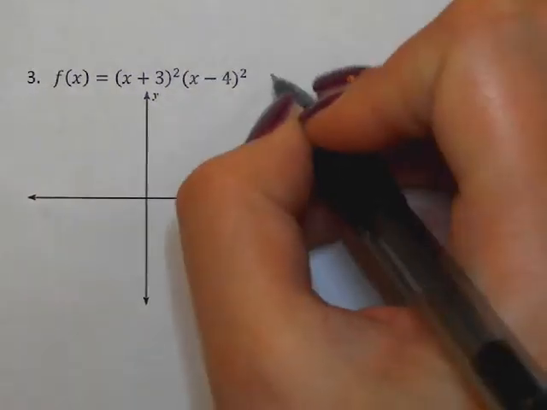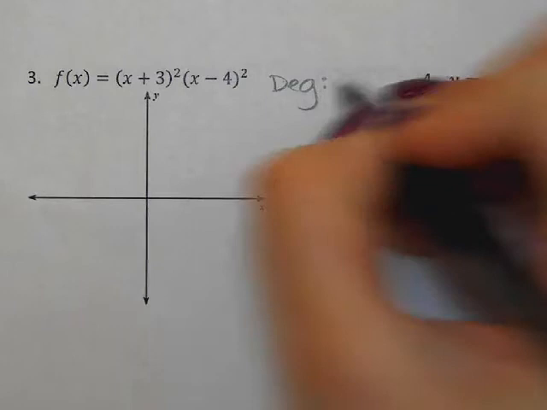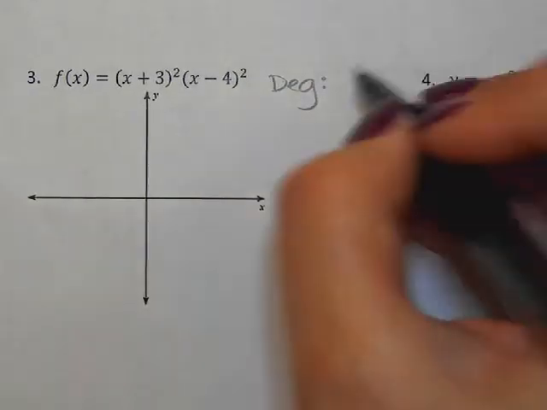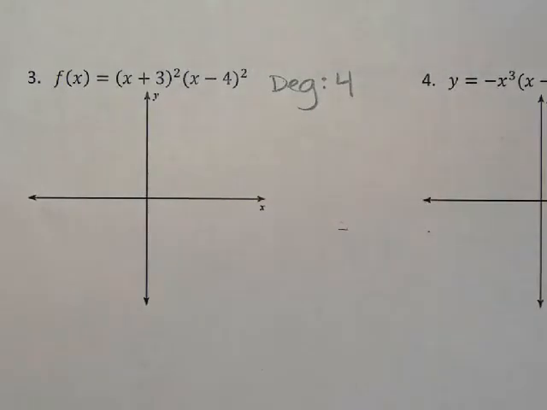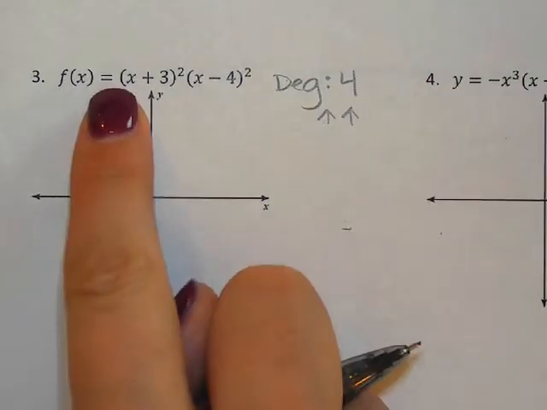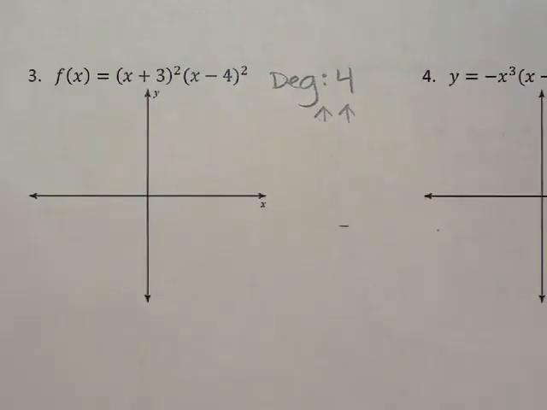All right, what's the degree for this one? Yes. Degree is 4. And let's figure out which way the arrows go. Arrows go up, up. So it's an even degree. It has a positive coefficient, so the arrows go up, up.